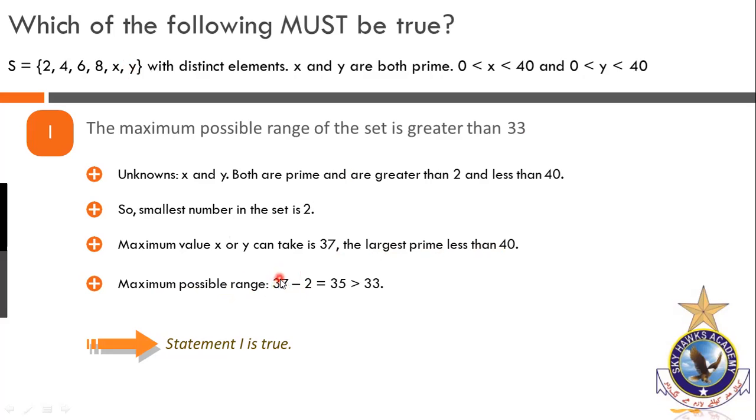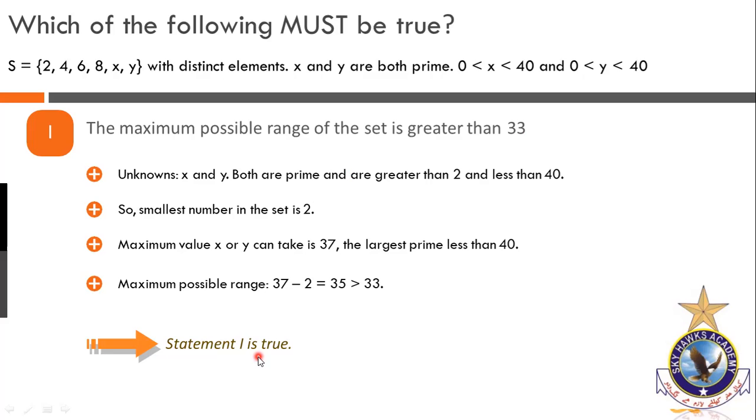The difference of the maximum and the minimum value is called the range. So we will get 35, and 35 is greater than 33. So statement 1 is true. From this mathematical calculation, we can say that the range is greater than 33. So the first statement holds true.